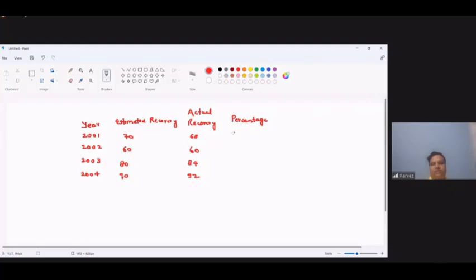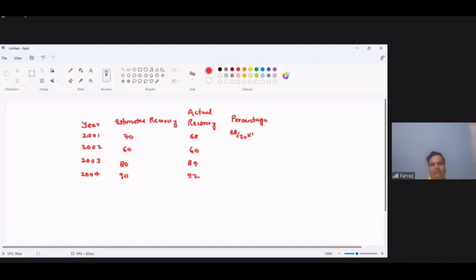So expected was 70, we have recovered 68. So you know how to find out percentage, right? 68 by 70 into 100. 68 divided by 70, 97.14%.